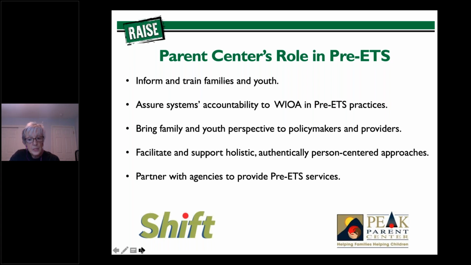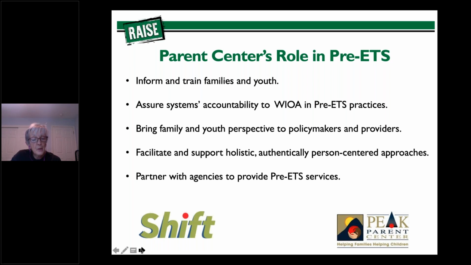Sometimes I think, as we do learn as parent centers, by informing and helping families and youth to become empowered about and gain knowledge about what the intent of legislation is and of these policies and practices of systems, then we're helping them to speak up and to stand up for what they need.